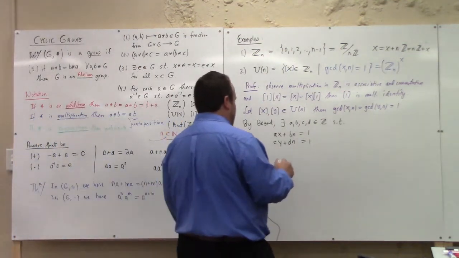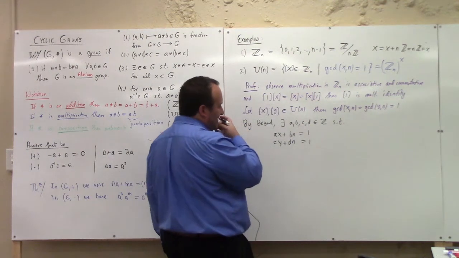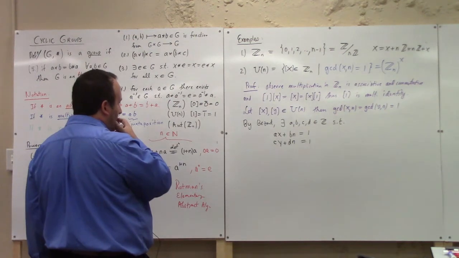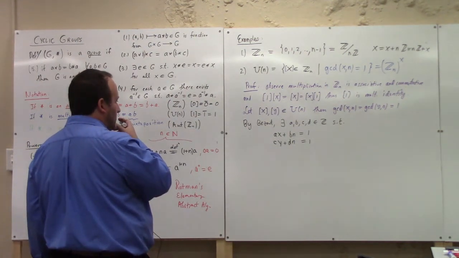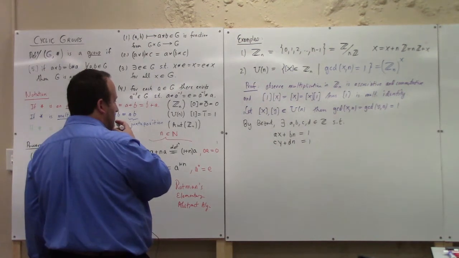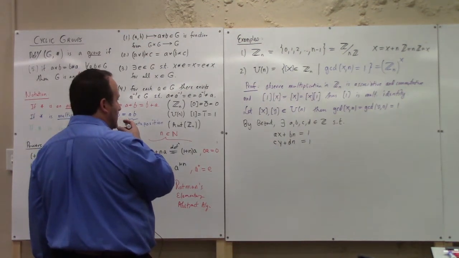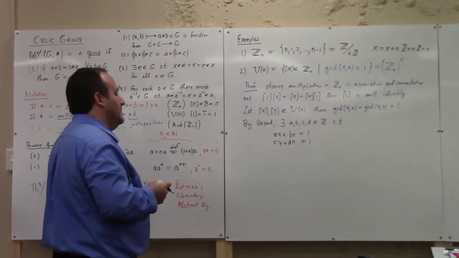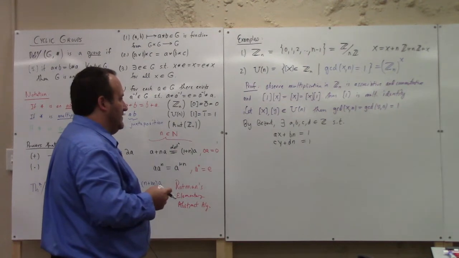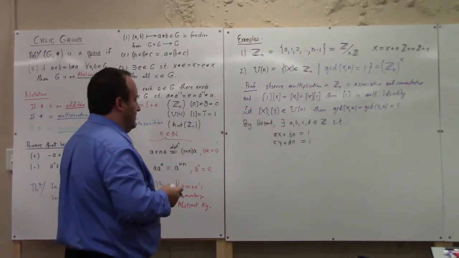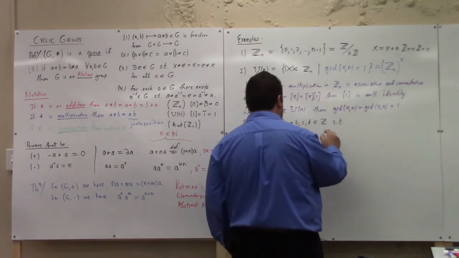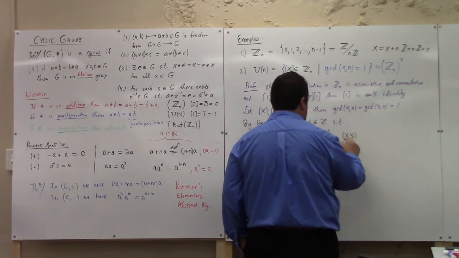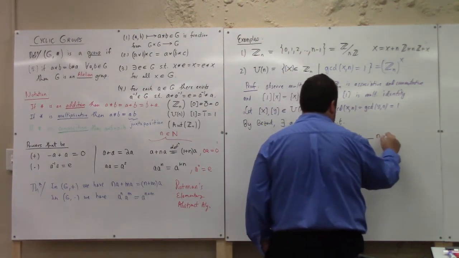Thus what? I mean, I want to show that xy is a unit. Can you see how to get something like xy times something plus something times n equals 1?